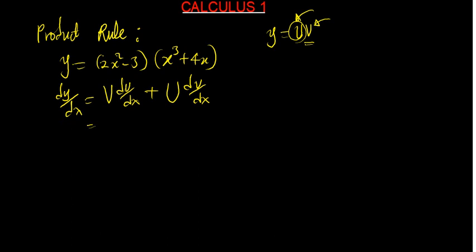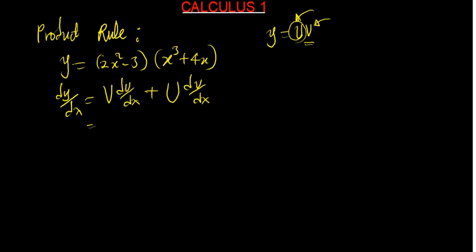So what we are saying is this: if you've been given such a problem, you are going to write this the way it is. That is what we call our v.